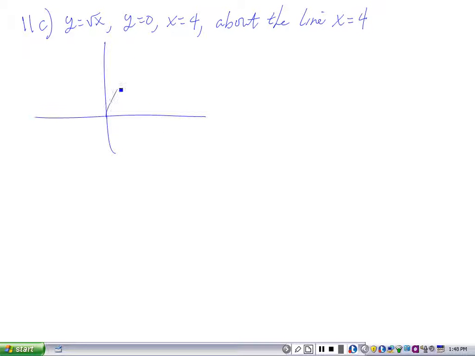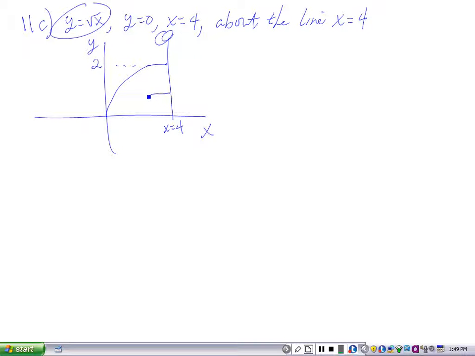So we have the graph y equal to the square root of x, and then here we're going out to x equal to 4, and we're going to rotate it about this line as well. And if x equal to 4, then this implies that y is equal to 2, just based on the square root of 4 is 2.